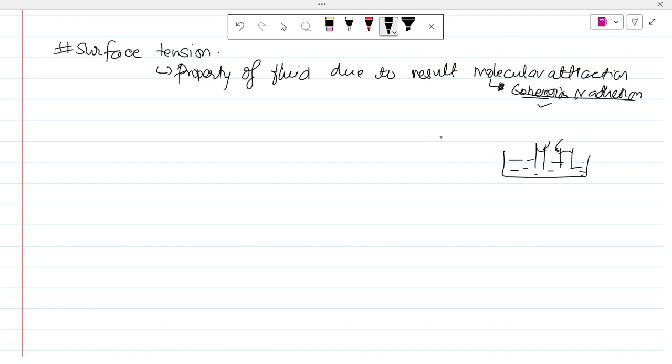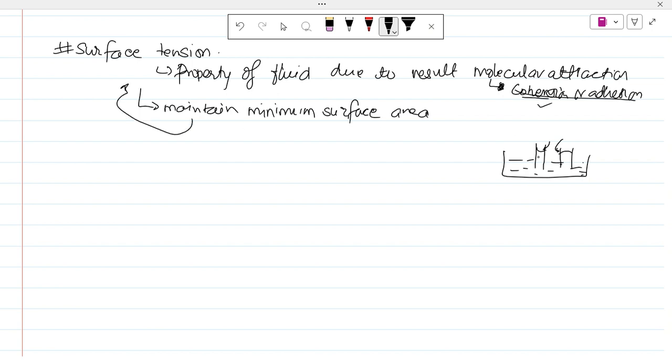The property of a fluid due to which it wants to maintain the minimum surface area is known as surface tension.